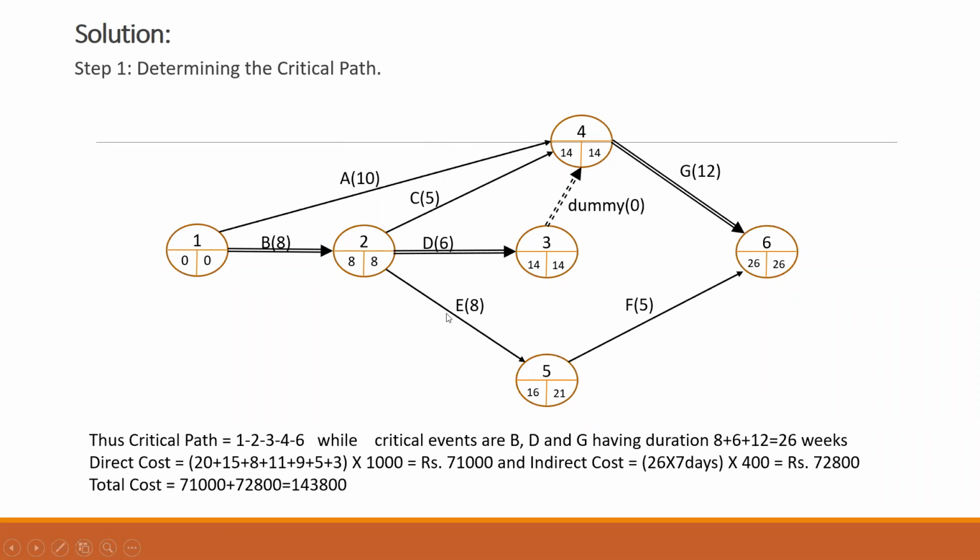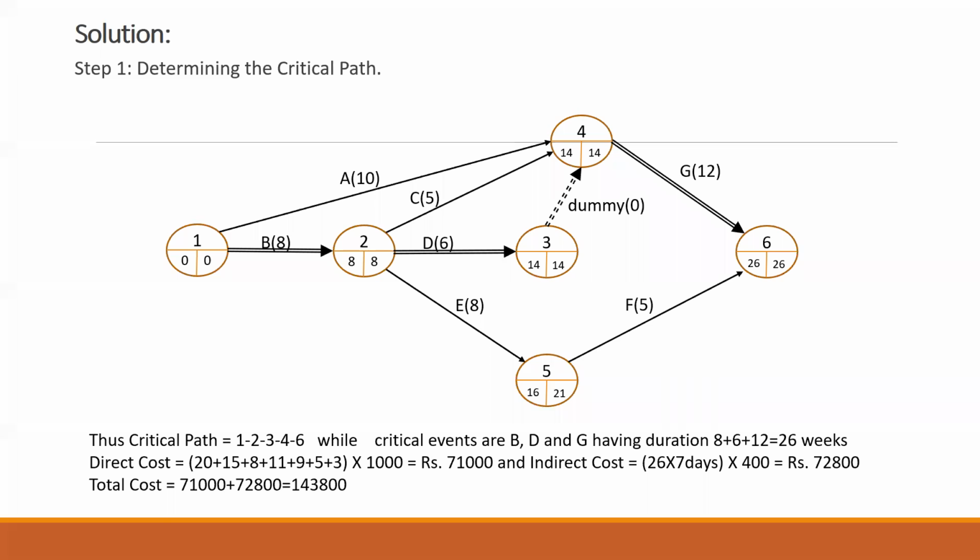Once I complete this, please remember the minimum project crash duration should be equal to the addition of the crash time of all the activities. So if I add the crash time for all the critical activities, you'll get to know the minimum duration.